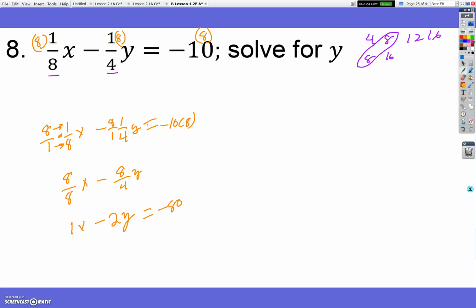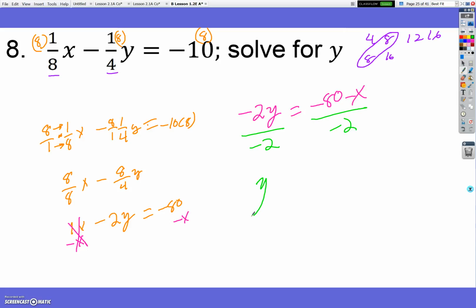Now I need to get y by itself, so I'd minus x on both sides. These would cancel, and I'd be left with just negative 2y is equal to negative 80 minus x. Then I would divide both sides by negative 2.